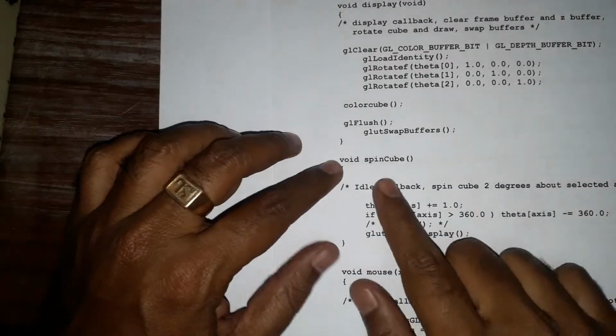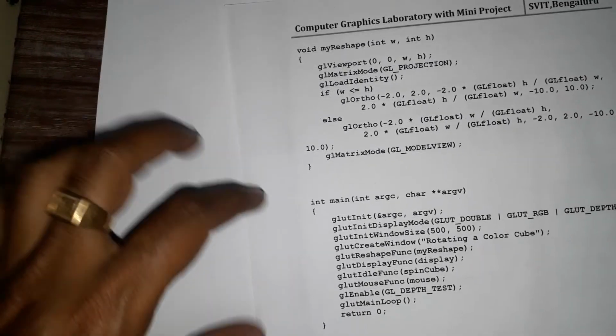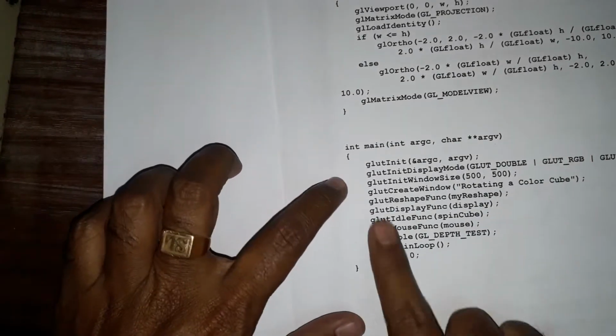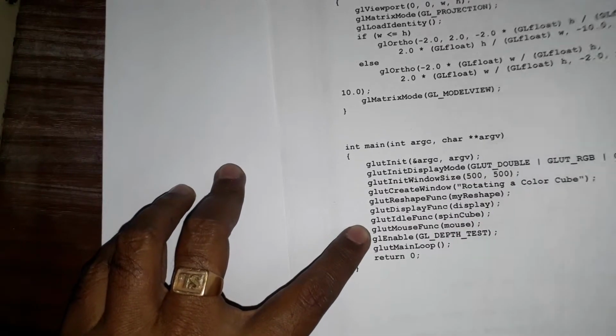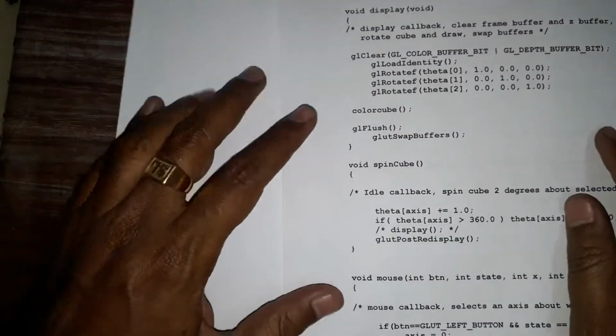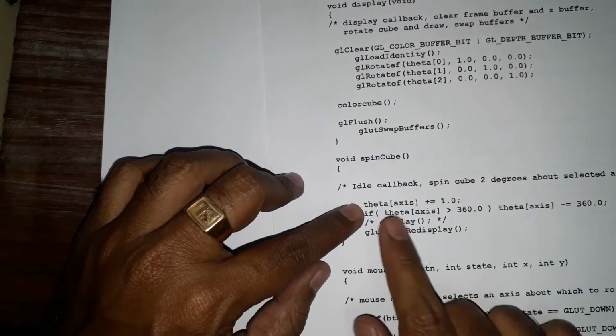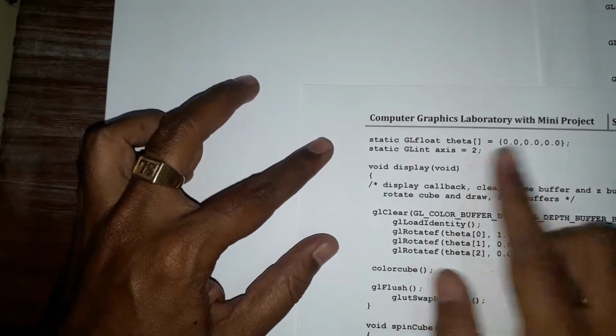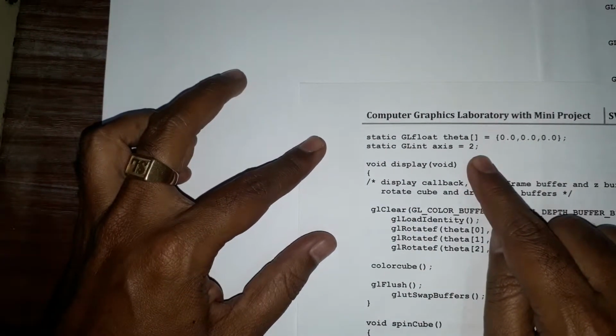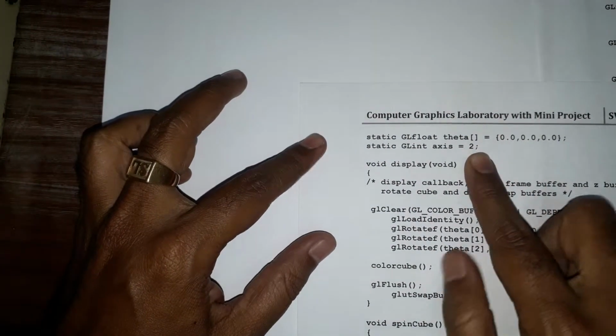Next comes the spin cube. After the display function, the idle function we have to call is spin cube. In the spin cube function, we have theta of axis. Consider the axis initial value: 0 for the x axis, 1 for the y axis, and 2 for the z axis.